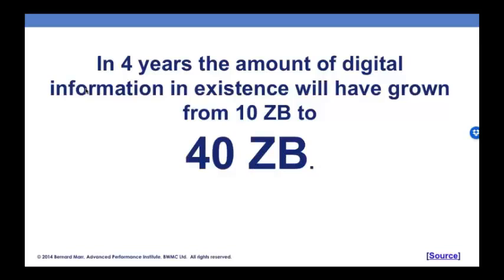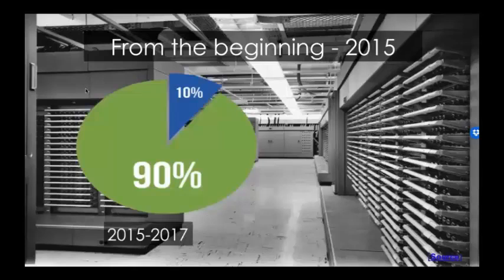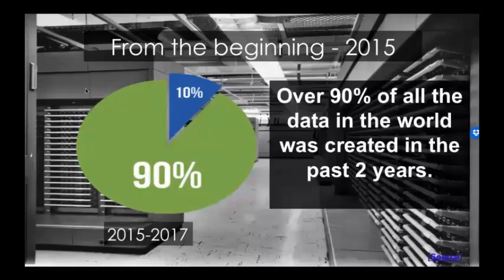Let's see it with a little bit of a visual to help us. All the digital data that has been created from the very beginning until 2015 is only 10%. 90% has been created over the last 2 years. 90% of all the data in the world was created in the past 2 years.